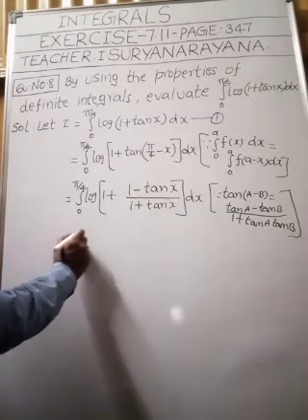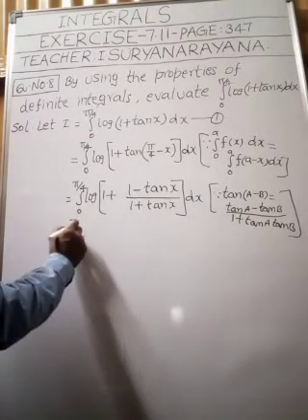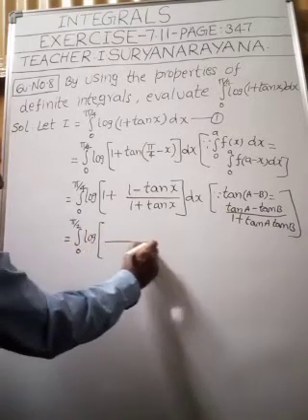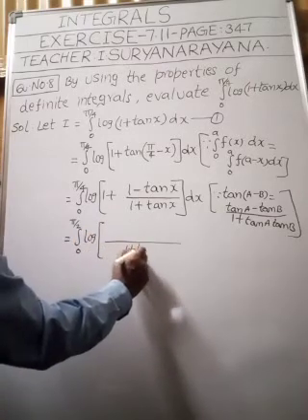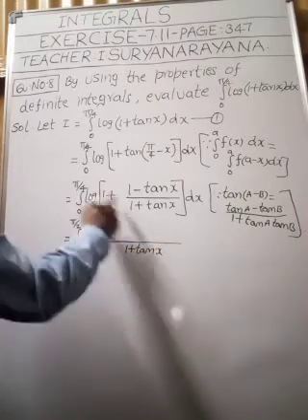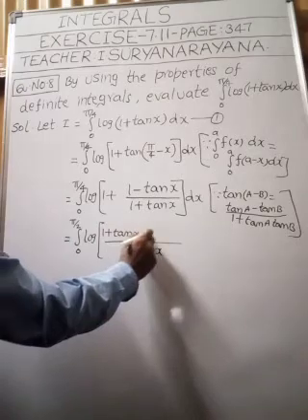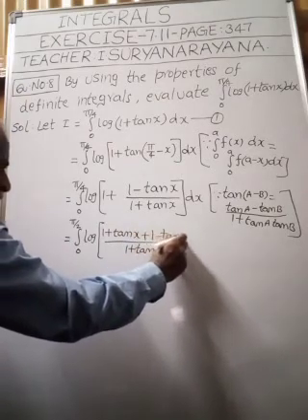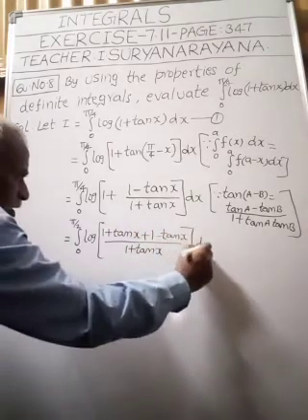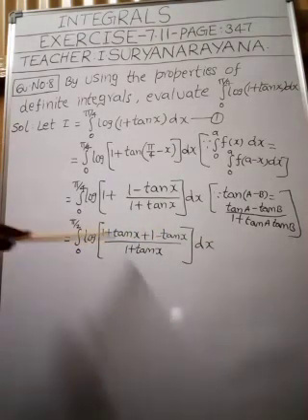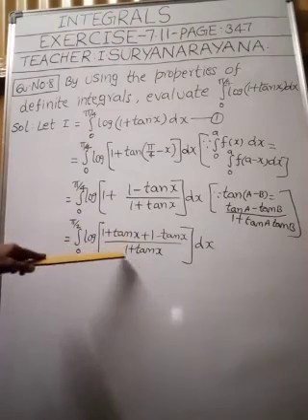Right. That is equal to integral 0 to pi by 4 log, let us take LCM here, 1 plus tan x. What you get here? 1 plus tan x plus 1 minus tan x. In the numerator, we get these terms. Understood these terms, my children? This is a LCM of the denominators. Then we got 1 plus tan x.